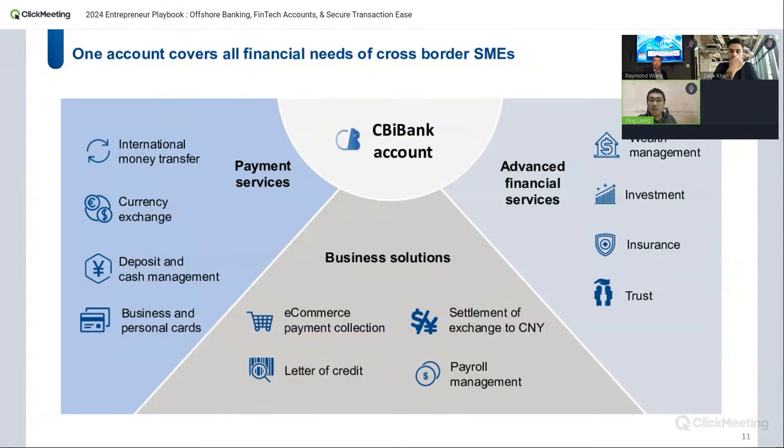If they're doing B2C e-commerce on Amazon, eBay or Walmart, we provide payment collection services. We also provide settlement of the Chinese yuan. If you earn dollars and want to move those dollars into mainland China, we have a one-stop solution to help you with all the paperwork, regulations, and so on.